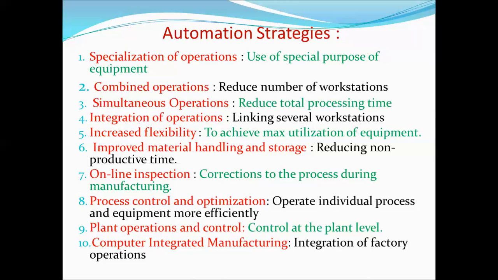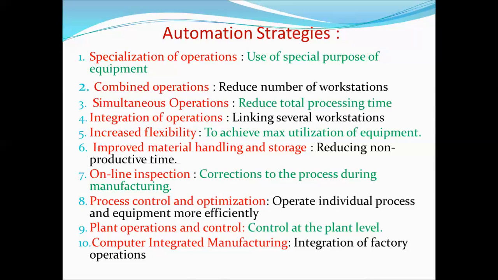Next is the improved material handling and storage. There are so many devices which are used to transfer the parts or handle the material from one station to another station. For example, AGVs are used to move the parts or goods from one place to another place. Robots are also doing this duty.